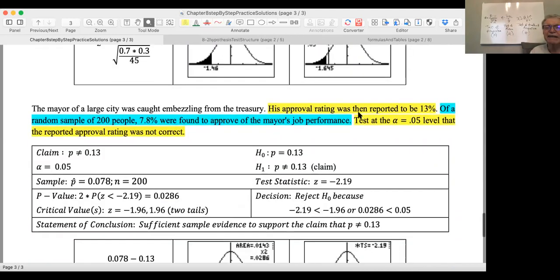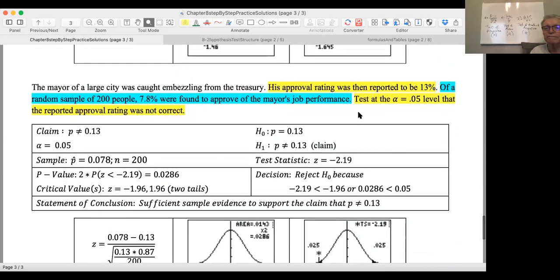And finally, another test of proportion. We look at H0, we see the proportion P is being tested, and the assumed value for P in our test statistic is 0.13.